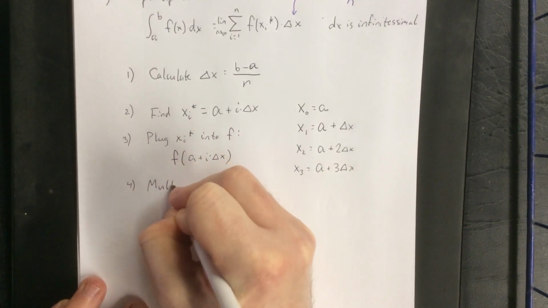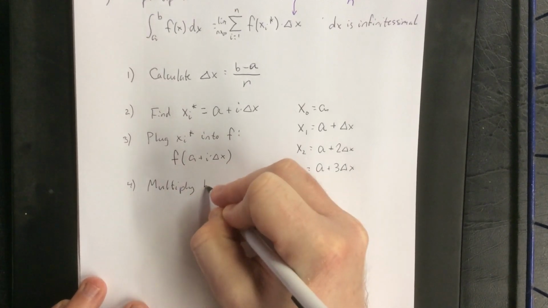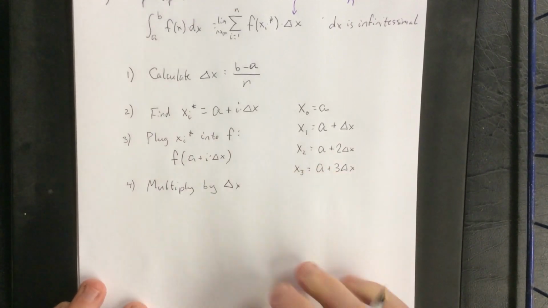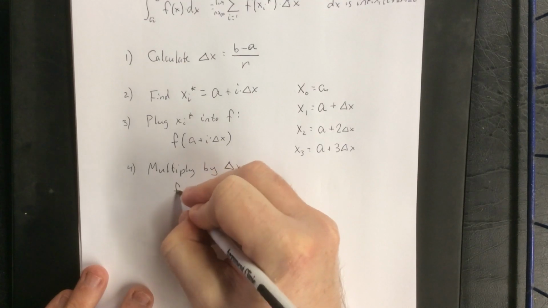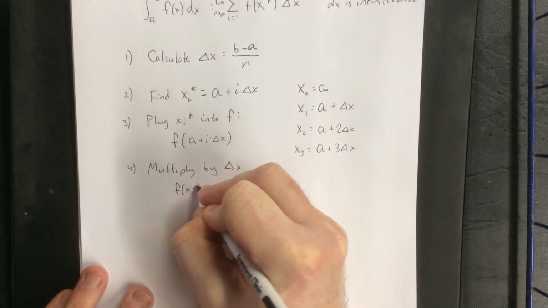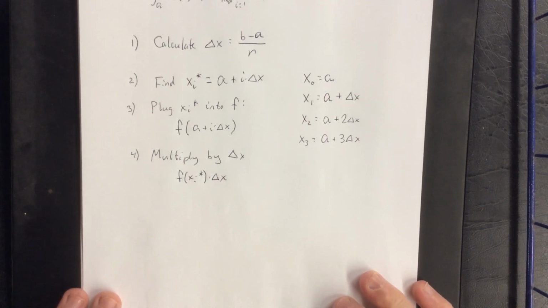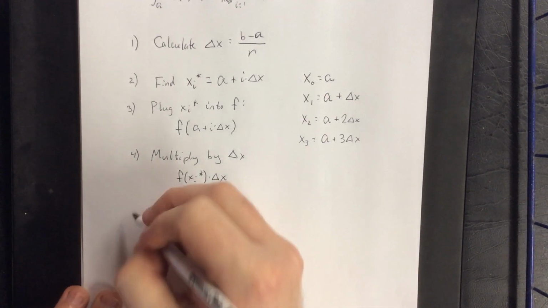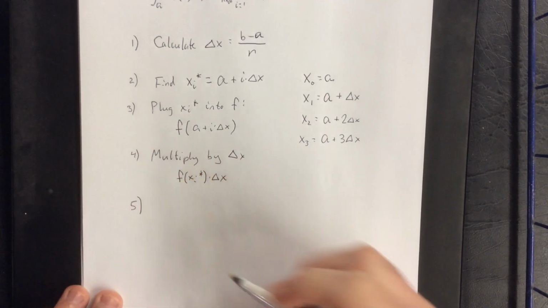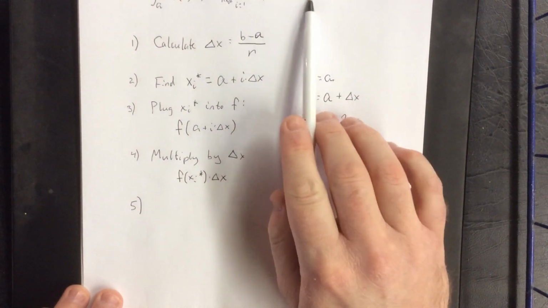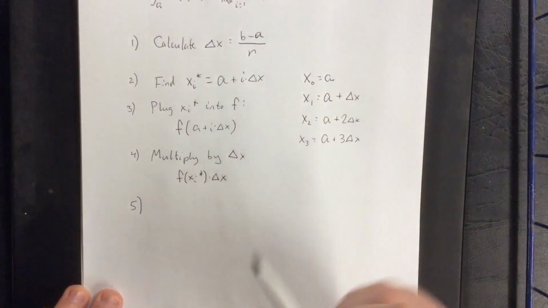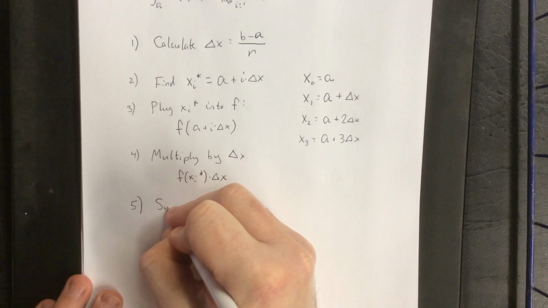Then we multiply that result by delta x, which gives us f of x sub i star times delta x. This all should feel completely natural. The new stuff is going to be the following.